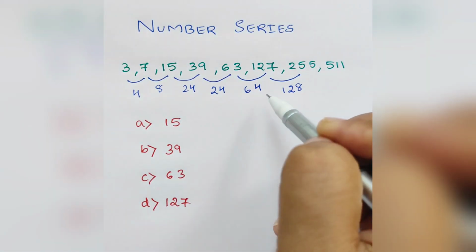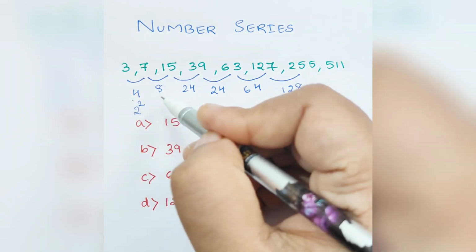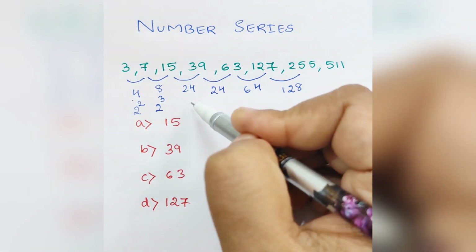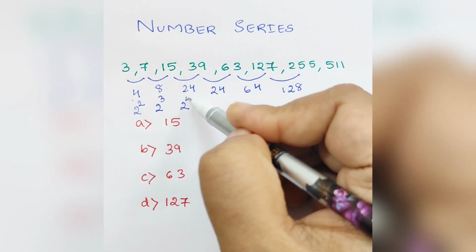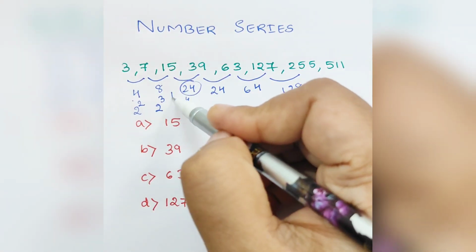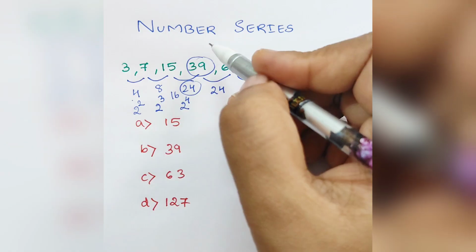So here we can see that this is 2 raised to 2. This is 2 cube. The next digit should have been 2 raised to 4. That is 16. So the number 39 is the wrong number.